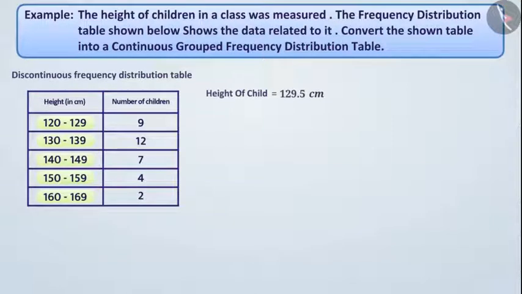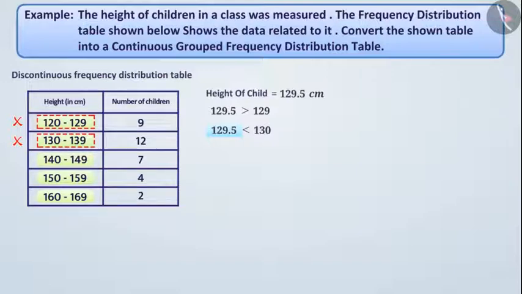Let us tell. Since 129.5 is greater than 129, it cannot be included in the class interval 120 to 129. Similarly, 129.5 is smaller than 130, so it cannot be included in the class interval 130 to 139.